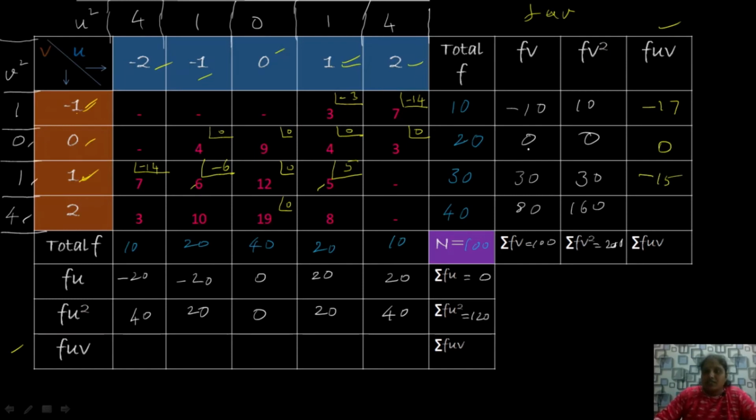For this row you get 0, and for the last row 2 multiplied with minus 2, minus 4. When you multiply minus 4 with 3, minus 12. And for this, 2 multiplied with minus 1, minus 2, multiplied with 10, minus 20. And for this, 2 multiplied with 1, you get 2. 2 8s are 16.